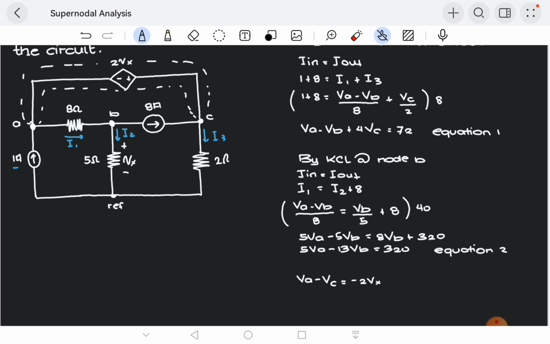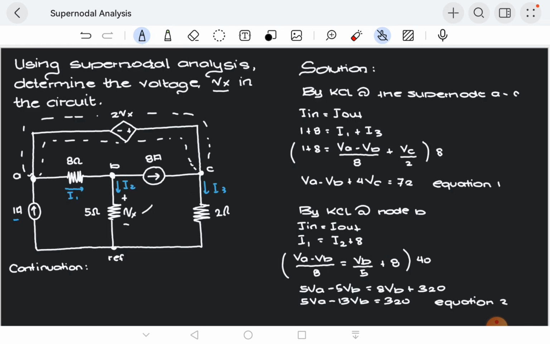We know Vx by inspection: Vx is VB. Therefore, we have VA minus VC equals negative 2VB, and VA plus 2VB minus VC equals 0.